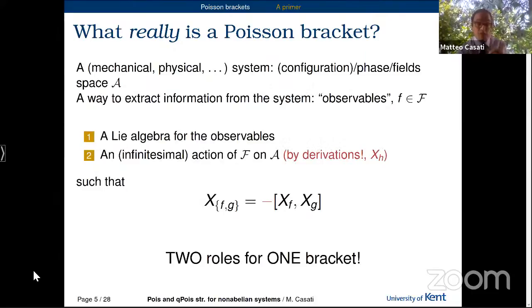This is what I would like to stress at the beginning, because when we move away from classical finite dimensional systems and go to infinite dimensional systems, like systems of PDEs or systems of differential-difference equations, or to non-abelian systems, then these two roles of the bracket get disconnected, and we must find a way to save both of them in the space we are working with.